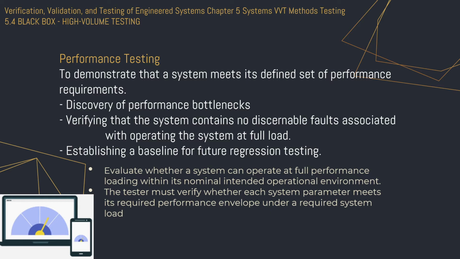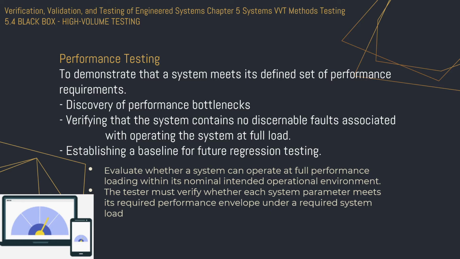With this test we can see if there are any performance bottlenecks in the system. Also, we can verify that there's no fault in performing the system at full load. It can also establish a baseline for future tests.